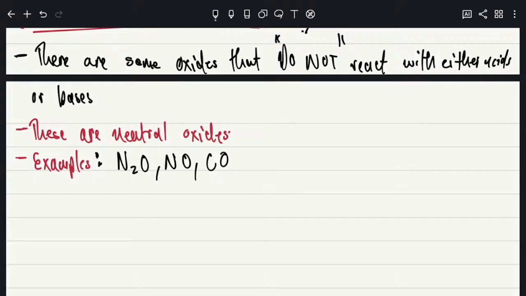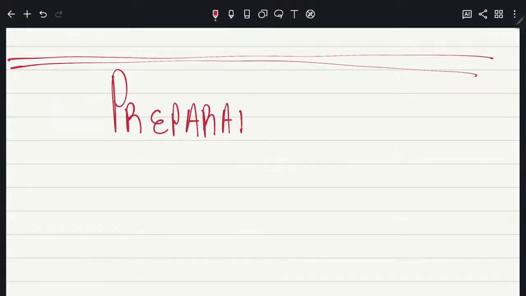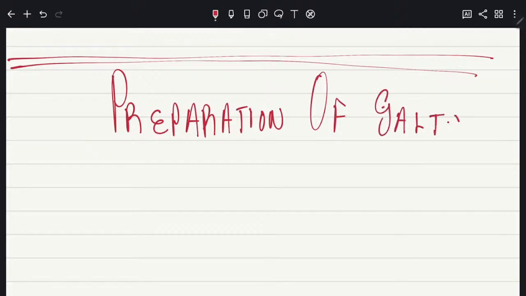Right. Here is the last thing now that I will need you to know. I want you to underline like this, and I want you to write preparation of salts. I'm going to give you one last thing. We are now in part 2, which is where this chapter finishes, which is preparation of salts.